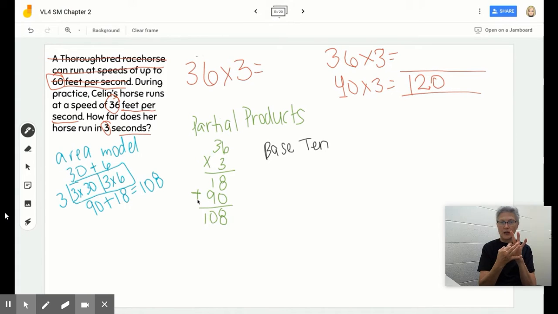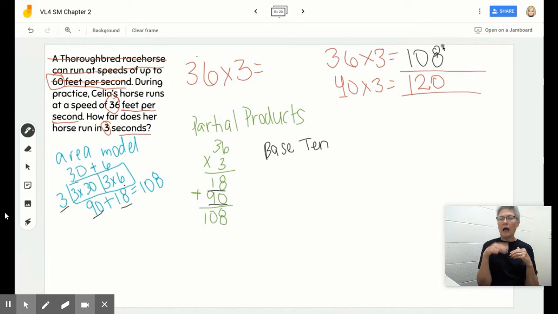When I use the area model, I did 3 times 30 to give me a partial product of 90. There's the 90. I also did 3 times 6, which gave me a partial product of 18. When we added up our two partial products, we got 108 as our answer. I'm going to jot that down over here, but we're not finished just yet.